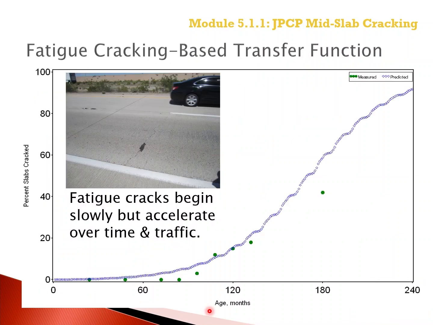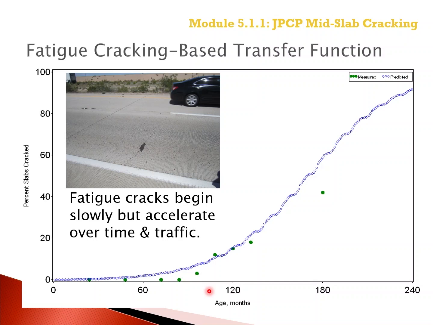The graph displayed in this slide shows the predicted amount of percent slabs cracked over time in comparison to the measured values for a specific roadway segment that was included in the global calibration process.